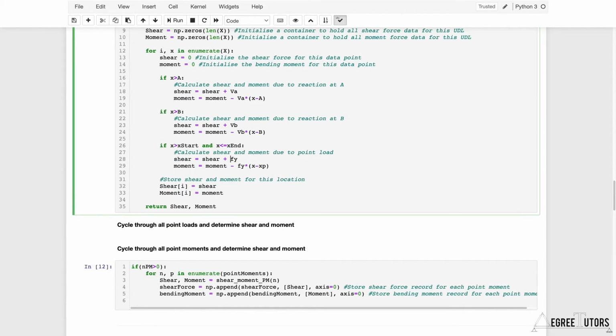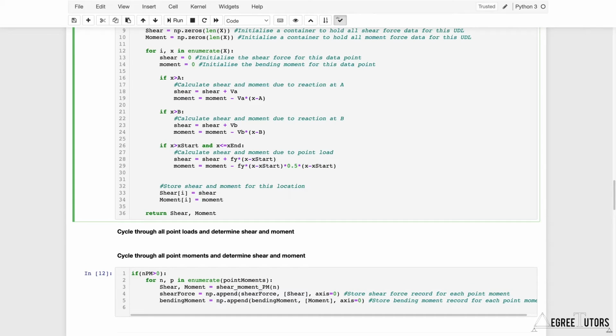So our shear is going to be whatever it was previously, plus, based on the equations we've already looked at, Fy times x minus x start. And the moment can be whatever it was previously, minus Fy times x minus x start. So that's the force, and then it has to be multiplied by a lever arm, which was 0.5 times x minus x start. Okay, so that's one condition taken care of.